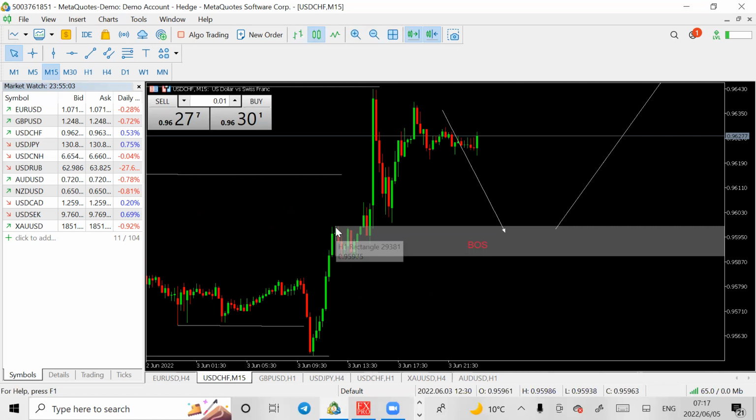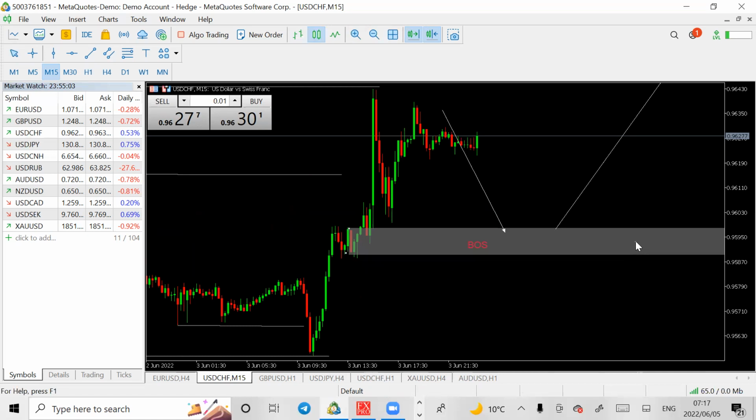On 15 minutes, we are still marking the order block we see on 15 minutes. And on 15 minutes, we see the most recent phase of the market is a consolidation, right? This is what we say, consolidation. So under the consolidation, you see what's happening down here, the trend line which I'm drawing. You know that there are a lot of stop losses.